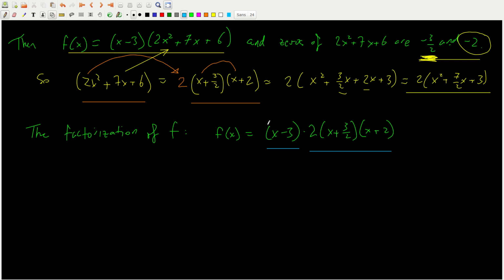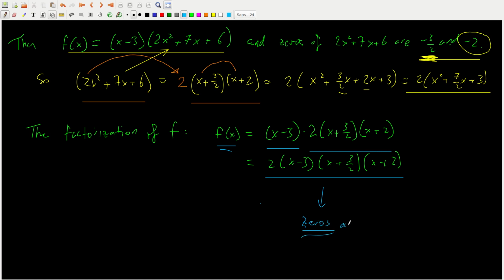Those two things multiplied together give us the original function f. And if we combine those things, we get the total factorization of f itself. So f has these 3 factors: x minus 3, x plus 3 over 2, x plus 2. That means we can read off 3 zeros of f. The zeros of f are the numbers 3, minus 3 halves, and minus 2.